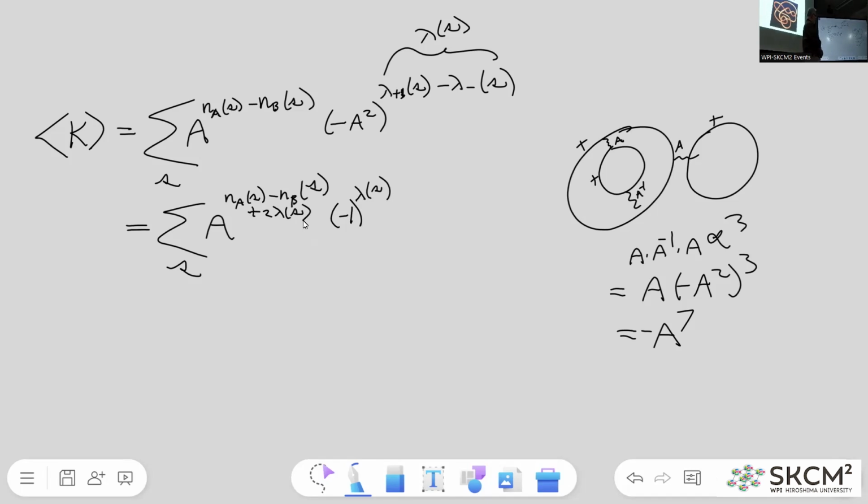Now we have it written out as a sum of monomials. Polynomials like that.